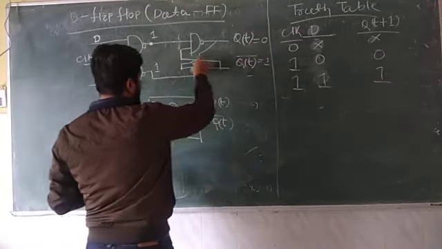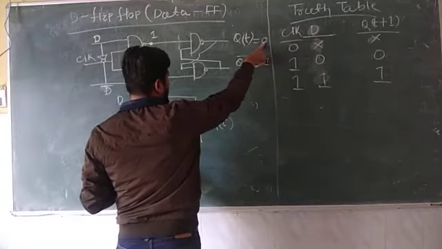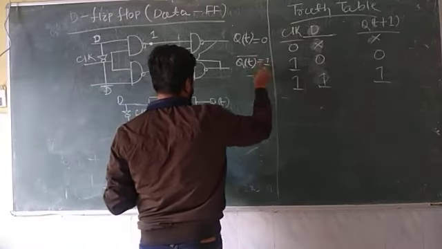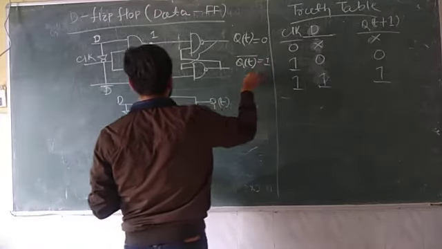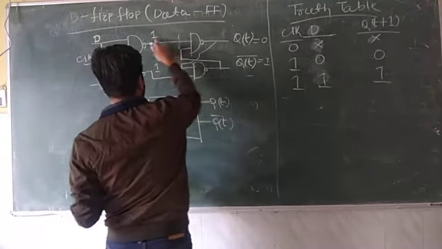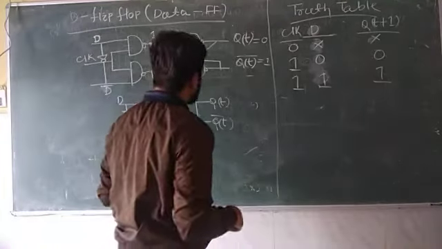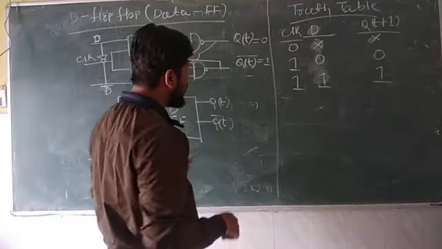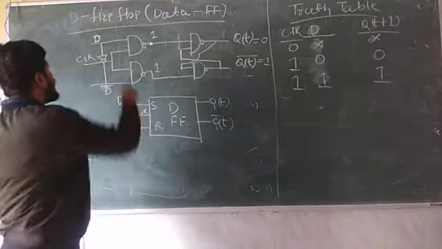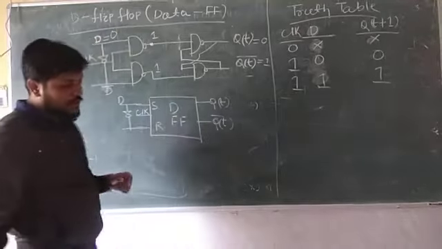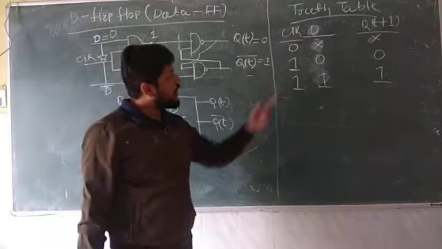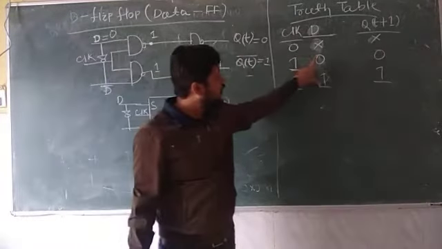Previously QT is equal to 0, so that 1 and 0 will make Q bar T equal to 1, and QT is equal to 0. Once again we get the same state. So when D is equal to 0, QT plus 1 is equal to 0, and when D is equal to 1, QT plus 1 is 1. So QT plus 1 is directly whatever the input is.